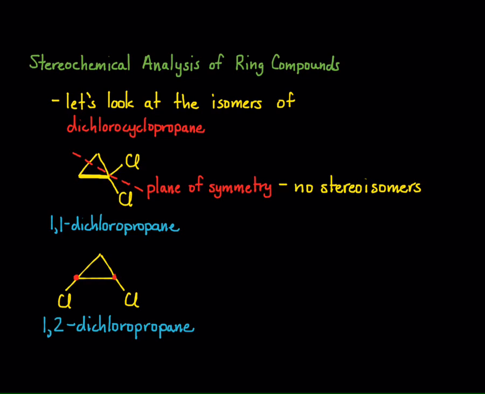And if I think about spatial relationships of the two chlorines with one another, in a ring, we've seen that substituents can be on opposite sides of the plane of the ring, or they can be on the same side of the plane of the ring. Now, when the chlorines are on the same side, so this is a representation of the chlorines being on the same side, we know that that's called a cis stereoisomer, right? A cis stereoisomer.